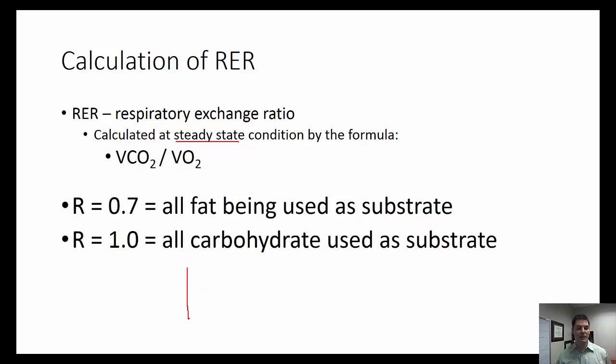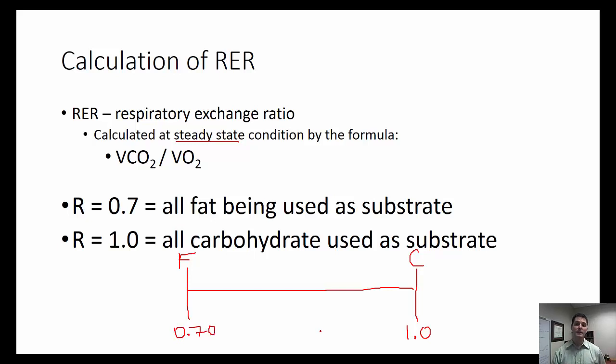So if we think about this, I like to put this on a continuum. So we have two sides of the spectrum. This side is all carbs, this side is all fat. So this tells us that the RER is 1.0, and this tells us that the RER here is 0.7.